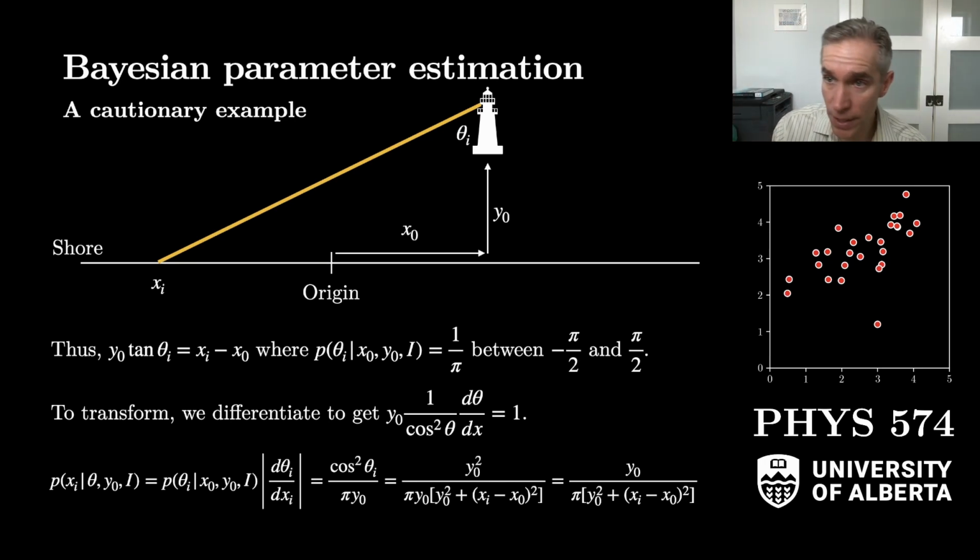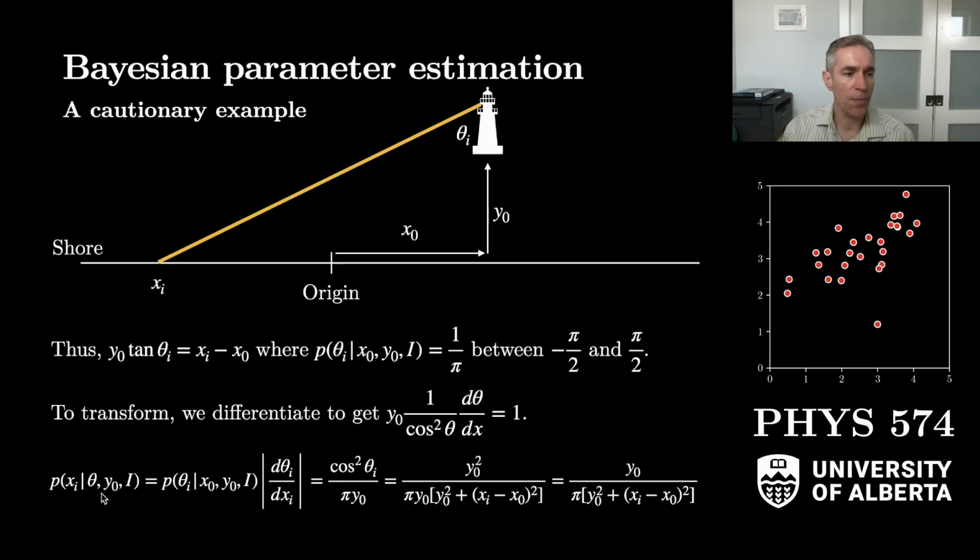Now we need to use that transform probability. So what we'll do is we'll take the derivative of this expression with respect to x. And so you get y naught secant squared, which is 1 over cos squared, d theta by dx is equal to 1.